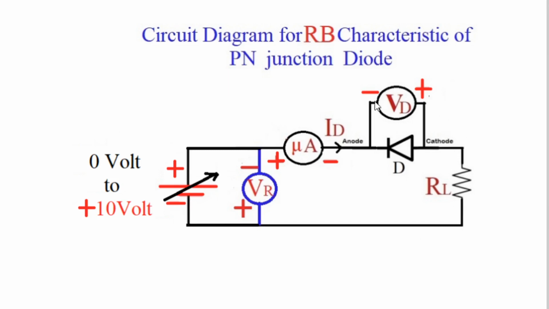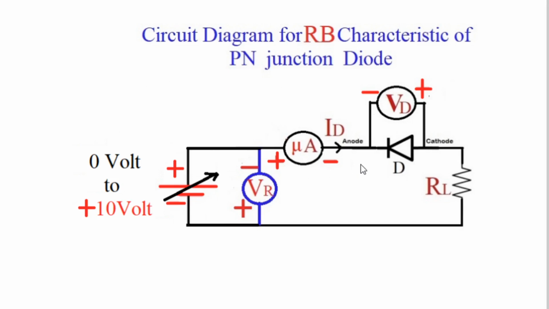And the voltmeter connected across the diode has its positive to the anode of the diode, and its negative to the cathode of the diode. So again, this is a simplified diagram.